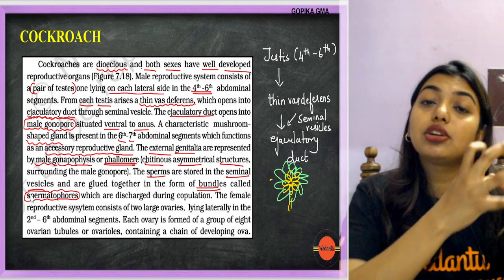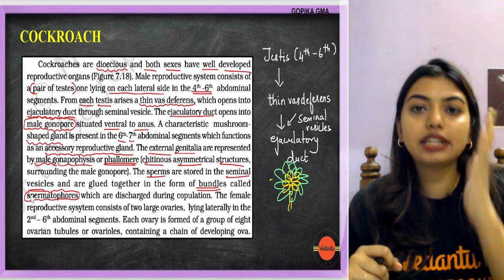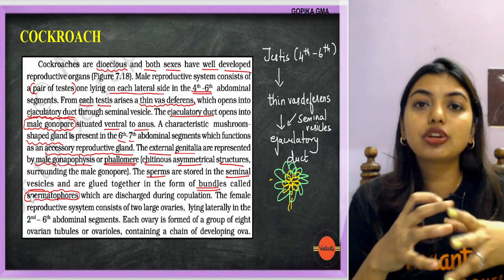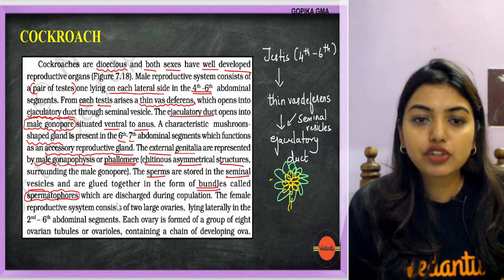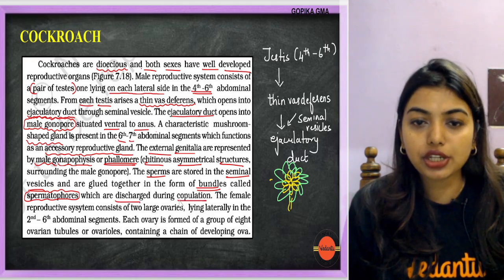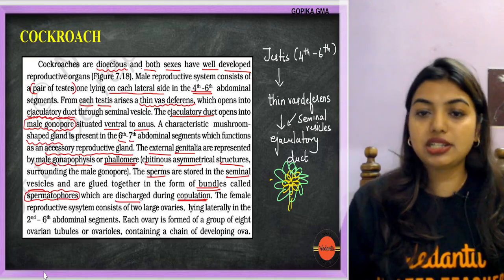This bundle is going to be collected by the female. So make that clarity in your head that the sperm comes in the form of a bundle or packet, the spermatophore, which is discharged during copulation. The entire packet will be discharged during copulation.